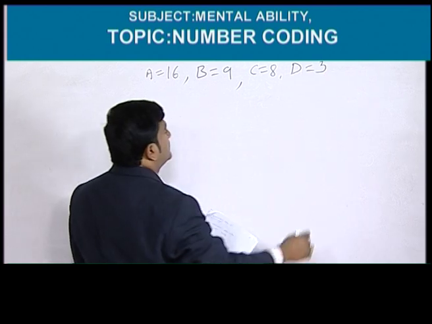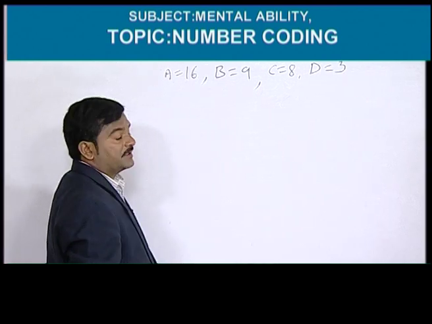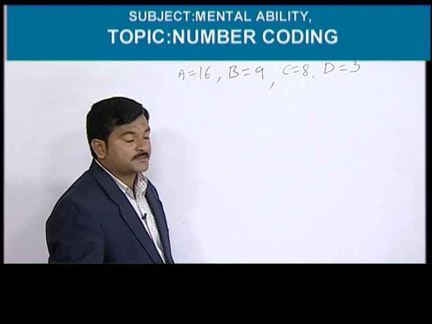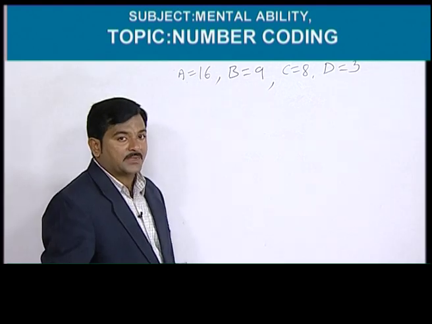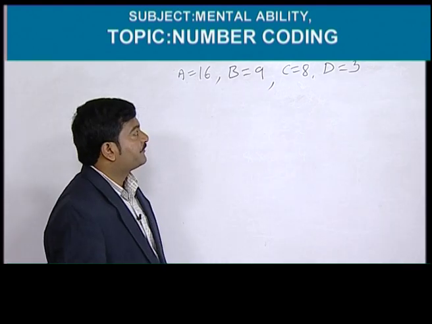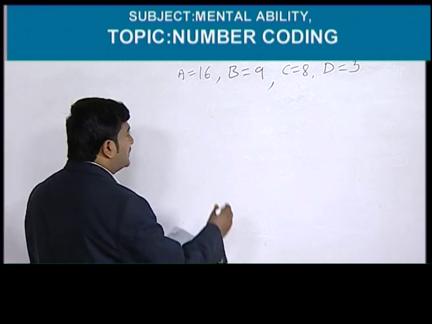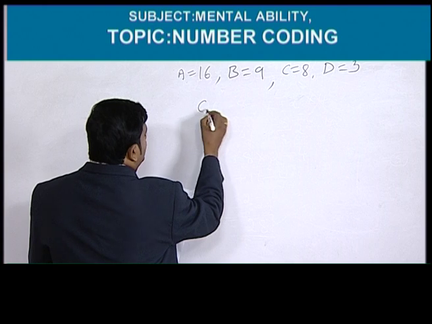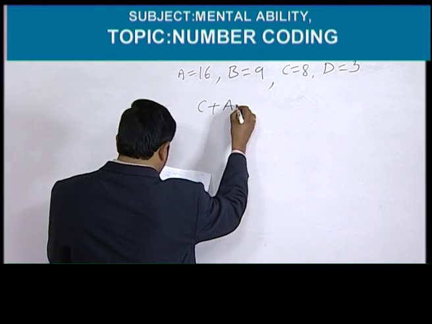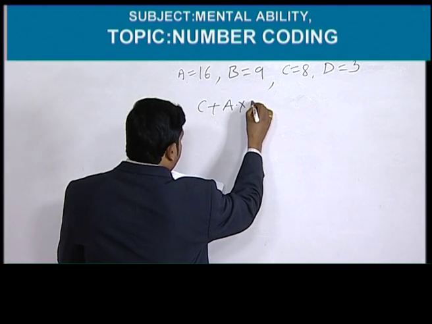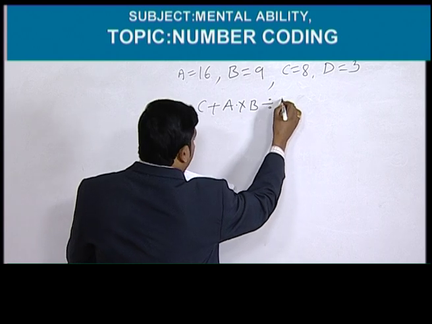I repeat the question once again. Then find the value of C plus A into B divided by D.